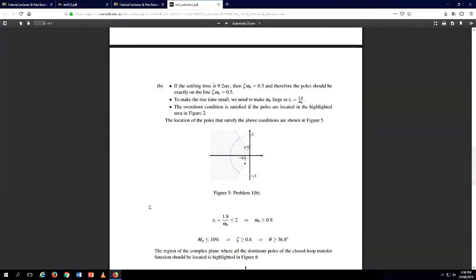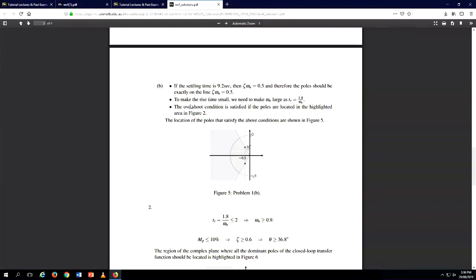So if the settling time is 9.2 seconds, then we have to have exactly that the real part of the poles is 0.5, right? Therefore, poles should be exactly on this vertical line that corresponds to that particular settling time.